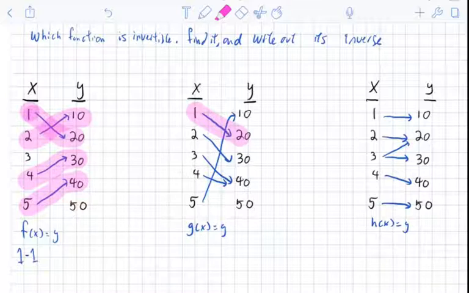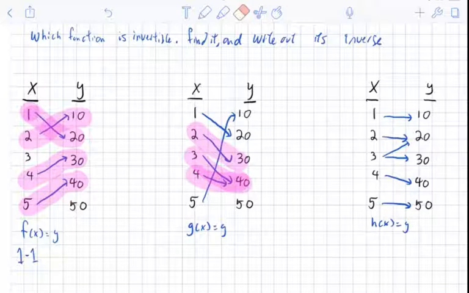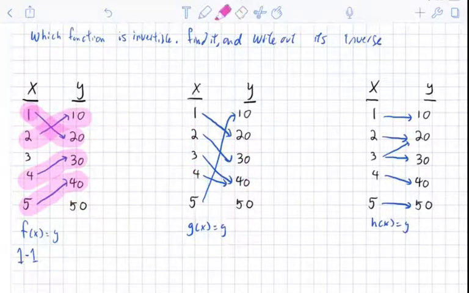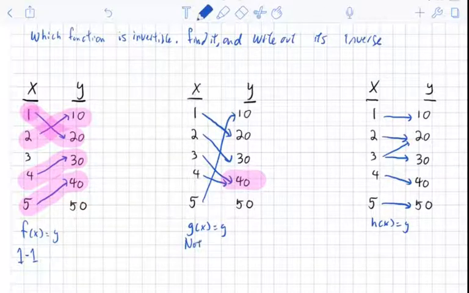Oh no. These two have come to the same destination. So it's not one-to-one. It's not one-to-one, so it's not invertible.